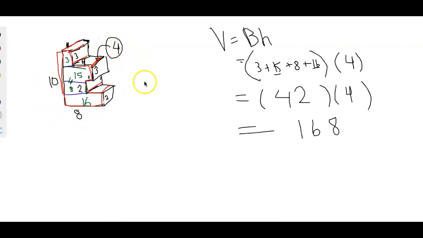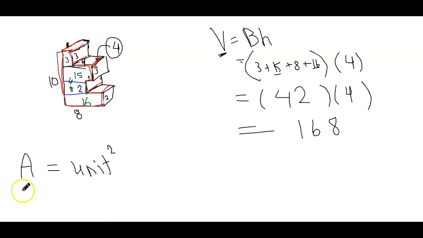Now, I didn't put units over here. I'm going to talk a little bit about units now. We are looking for volume. If you're looking for area, your units will be units squared. So if I was using centimeters, it would be centimeters squared.